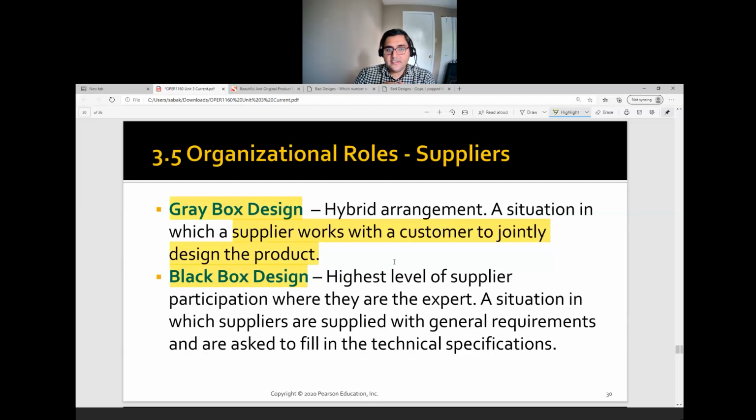And if it is done in a hybrid way with a good level of collaboration, it's called a gray box design. Gray box design is wherein the supplier is working with you, the customer, to jointly design the product.